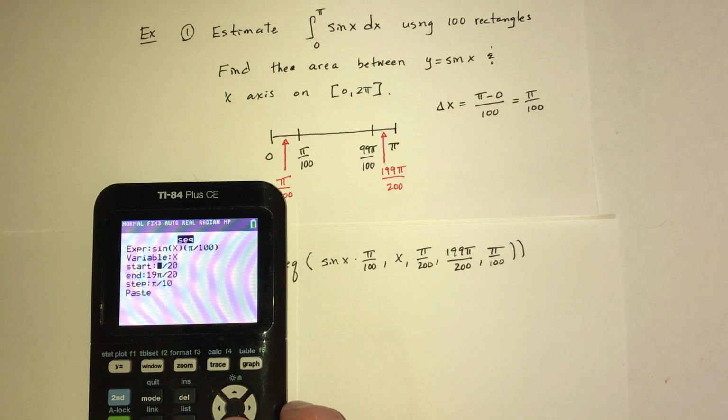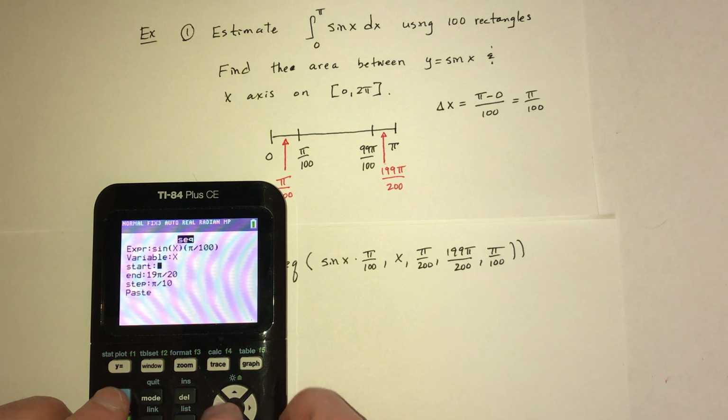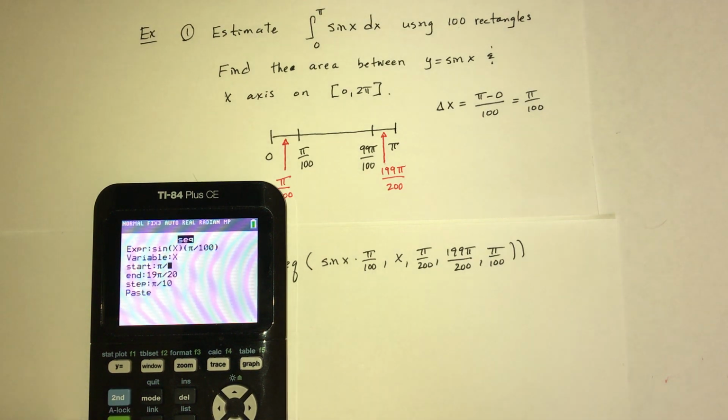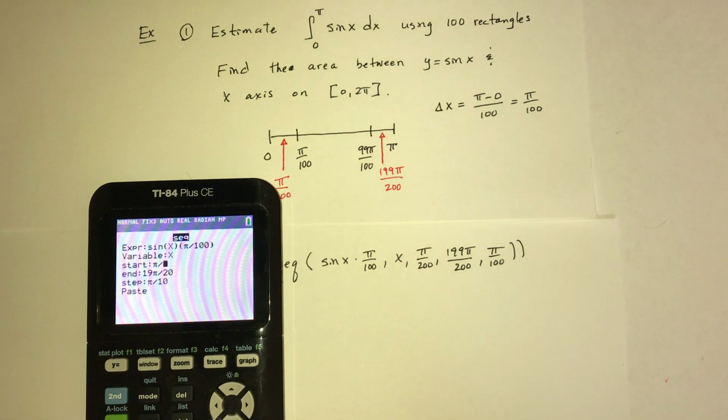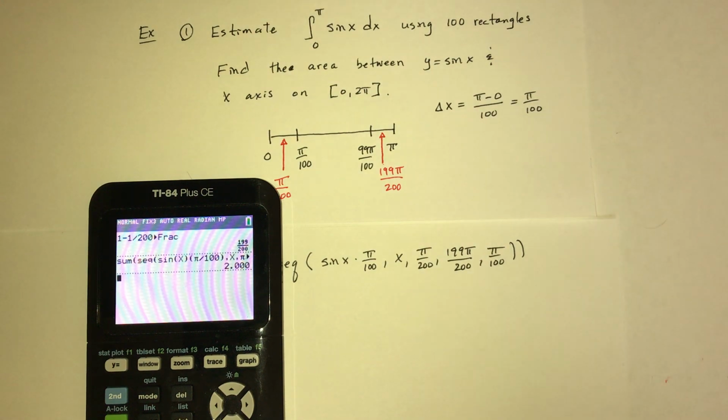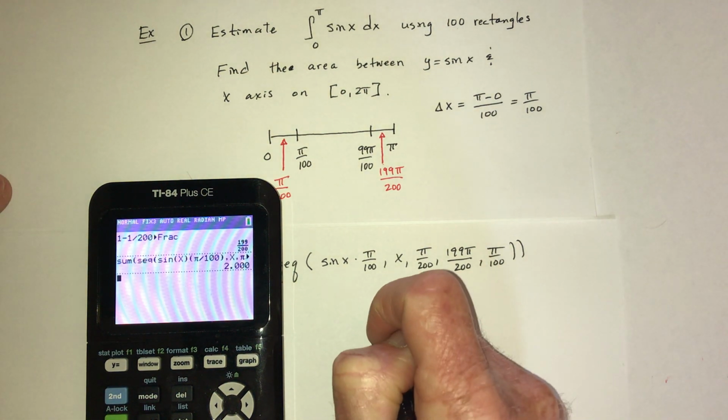And then x goes from pi over 200 to 199 pi over 200. And then this should be pi over 100. And we should get an answer close to 2. Very close. 2. Excellent.